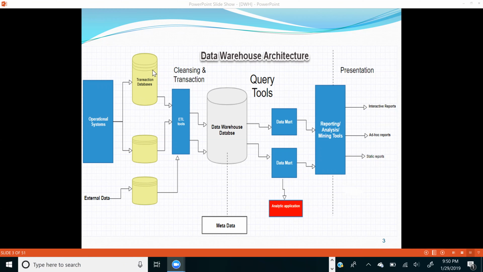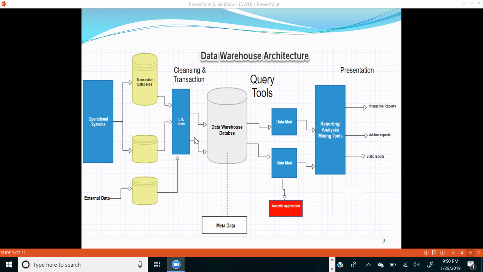If my business transactions are very huge and they reach 500 GB in 2 weeks, they maintain only 2 weeks of data here. Whereas your complete history will be maintained in your data warehouse. Just remember, these are used for running the business, and these databases are used for analyzing the business.